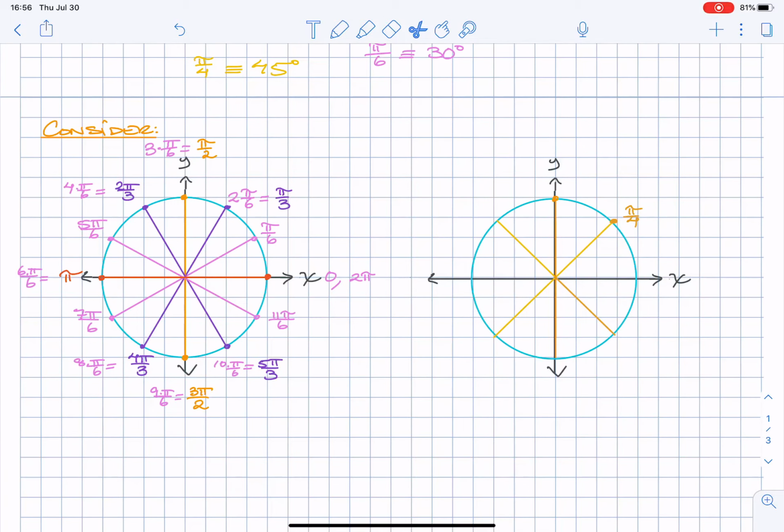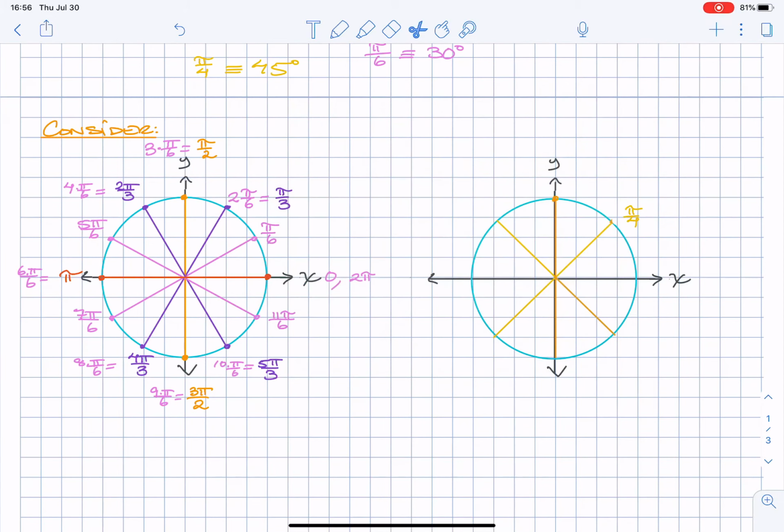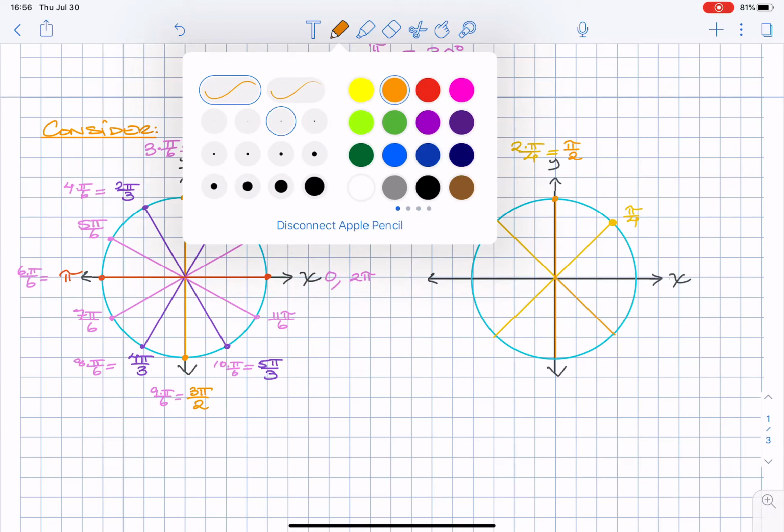Okay, so let's call this brighter yellow. There we go. Now hopefully we can see the difference, because if I have 2 times pi over 4, this reduces, and it should be the same as when I counted up by 30s. Is this pi over 2? It is. So it's still 90 degrees.